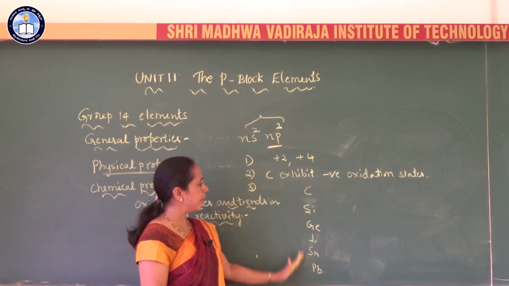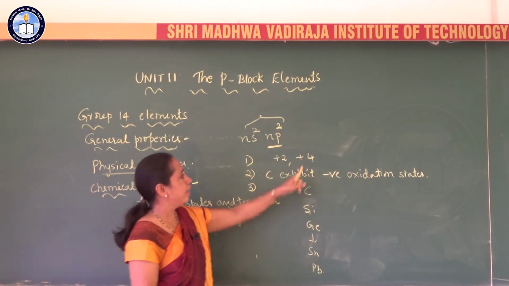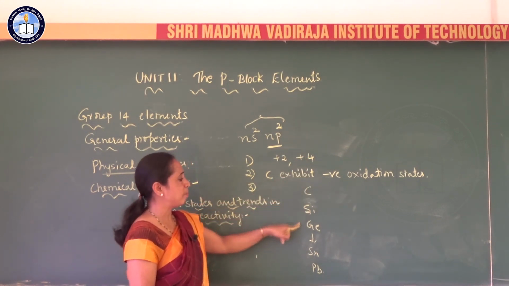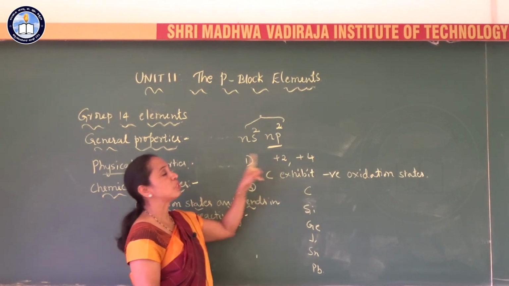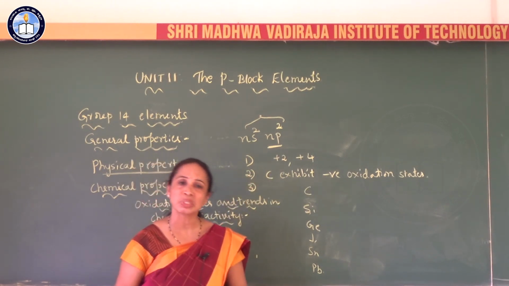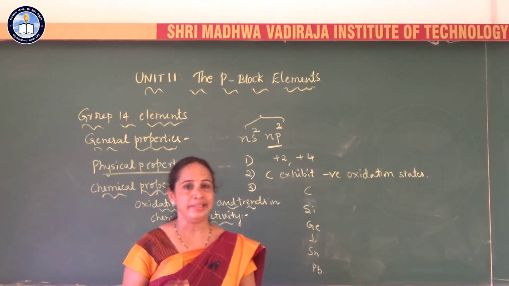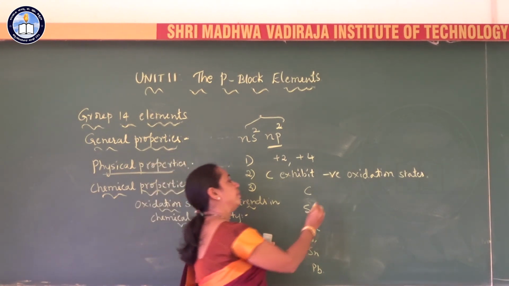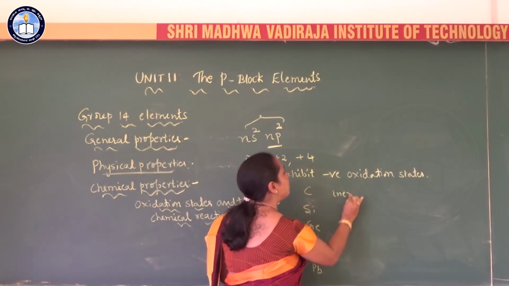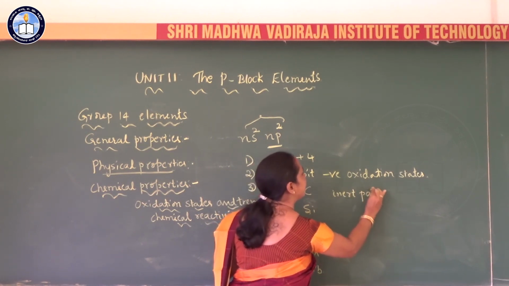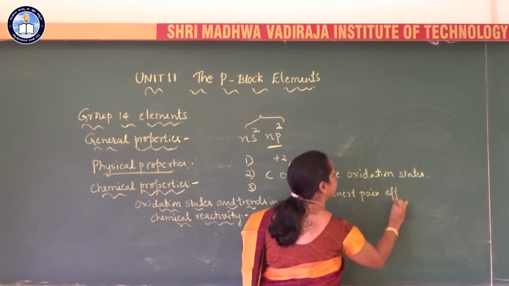From top to bottom, +4 oxidation stability decreases and +2 oxidation state becomes more stable. This is due to what we call the inert pair effect.